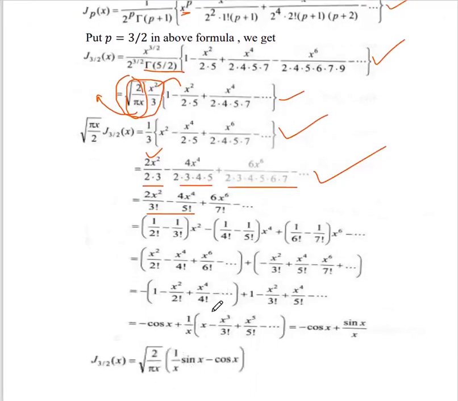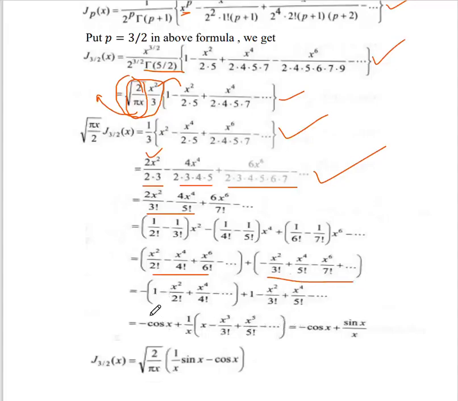Now we will combine x to the power 2, x to the power 4, x to the power 6. Okay. Then minus x square, x to the power 4 and x to the power 6. Okay. Even terms as well as odd terms. Okay. So multiplying this term to x square, x to the power 4 and x to the power 6, and combining we will get these steps. Okay.